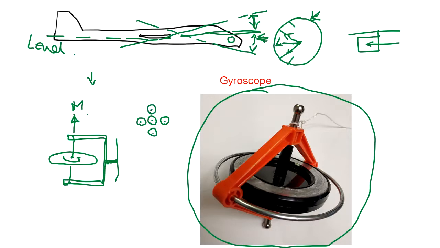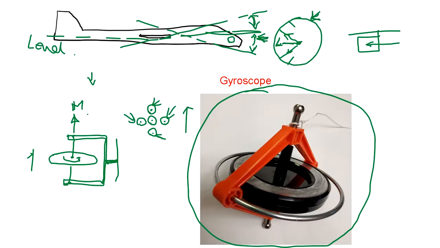And if the airplane is in this direction, this is going to be the pitch down, this is going to be pitch up, and this is going to be the banking, the right-left banking, right?